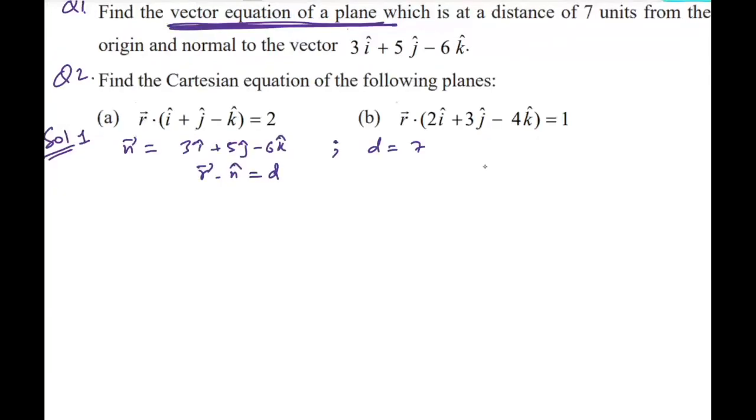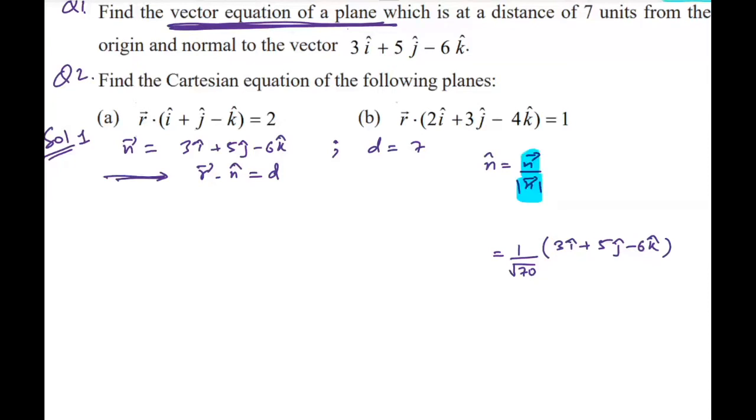Now tell me, n cap. How to find n cap? n cap is 1 by root 70 into 3i plus 5j minus 6k. Students, this is the formula for the equation of plane. So first of all, find n cap. n cap is nothing but n vector divided by its magnitude.